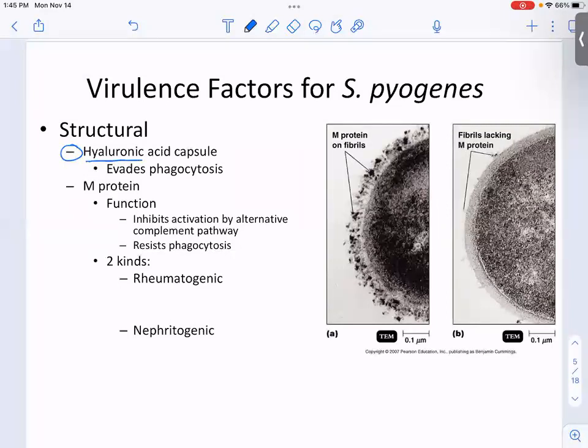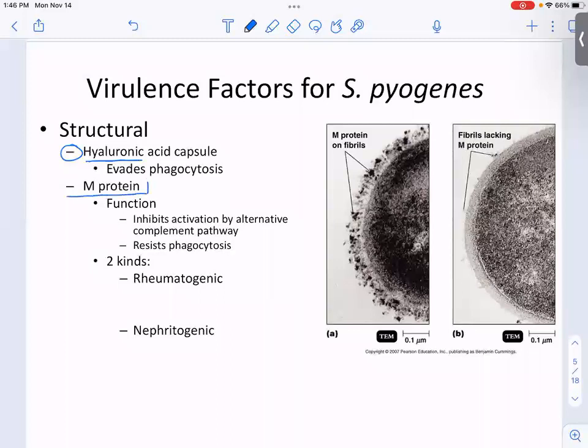So that is a compound that we have in our bodies. So it's kind of a dirty way to hide itself. We're not going to make antibodies against something, hopefully, that's similar to our own self. So it kind of evades phagocytosis because we don't have a good immune response to that because it's similar to something that we have.